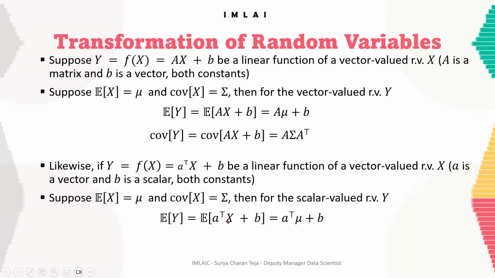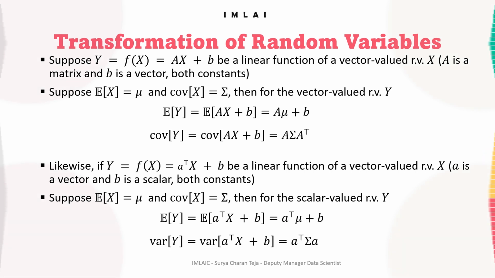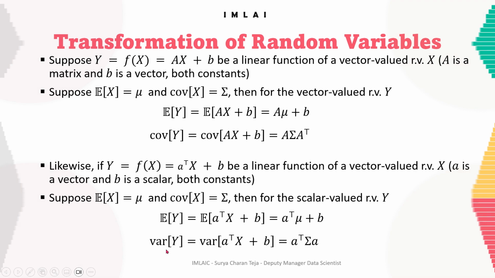Then again, A transpose times E of X plus B, so A transpose mu plus B. But the covariance changes slightly. Sorry, this time it's variance. To calculate the variance of Y, it's the variance of A transpose X plus B.